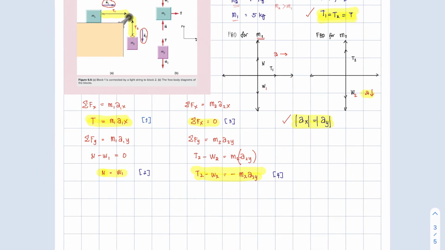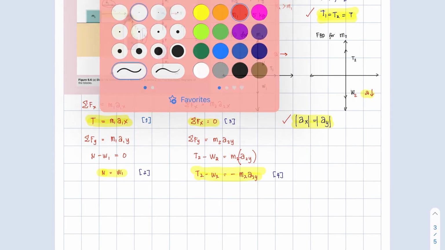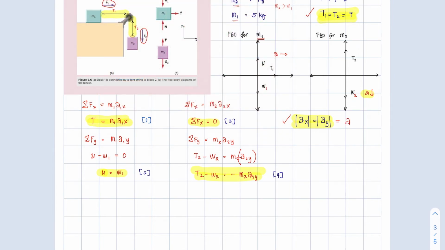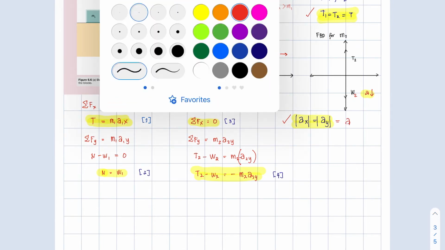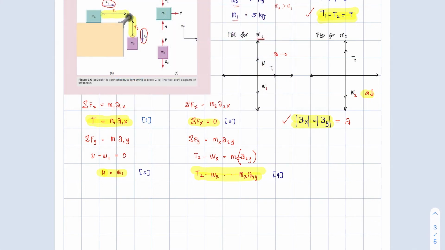So I am going to scout from my equations, equation 1, equation 2, equation 3, and equation 4, for an equation or a set of equations that I can use to get the acceleration. And I am noting again that all of these A1s and A2s that you are seeing, I will just denote them all as A since they are practically equal in magnitude.